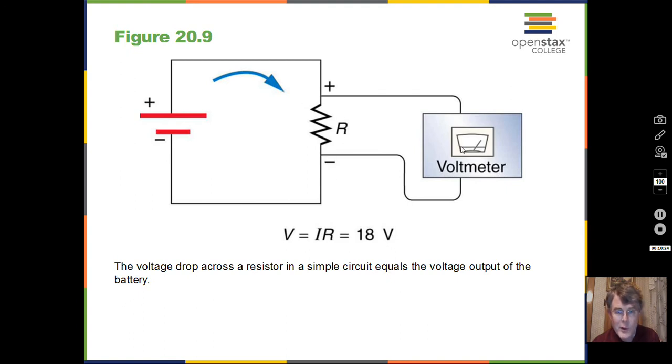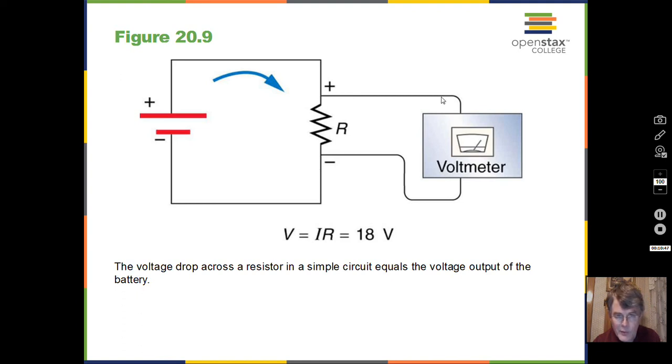There are meters that measure voltage. They're called voltmeters. They're always put in parallel with the device you want to measure. I would not put this voltmeter in series with the resistor. The voltmeter itself has a high resistance. So current coming through here, almost all the current will go through the resistor.